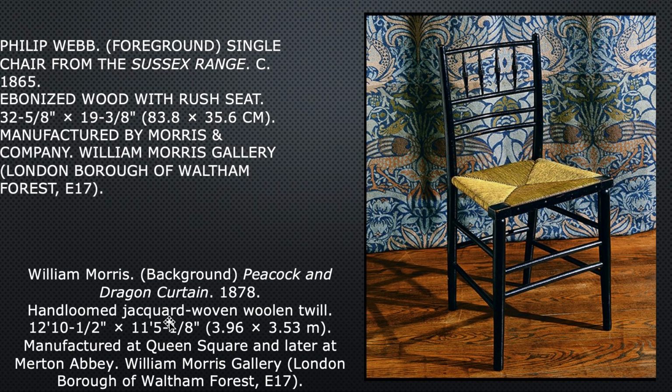We call it craftsman style in America, but they didn't call it that in England. But his idea was that people's homes should be full of beautiful handmade objects, not machine-made, not factory-made, but everything should have a love of materials and design. So he designed wallpaper, furniture. Philip Webb was another designer, designed furniture and architecture.